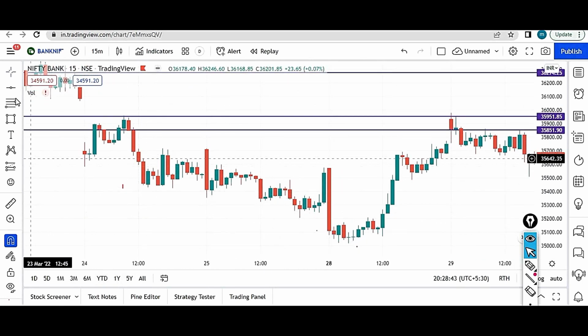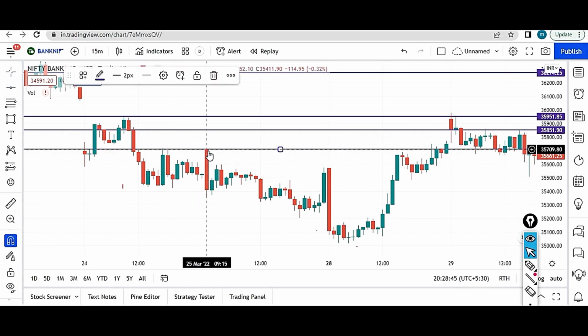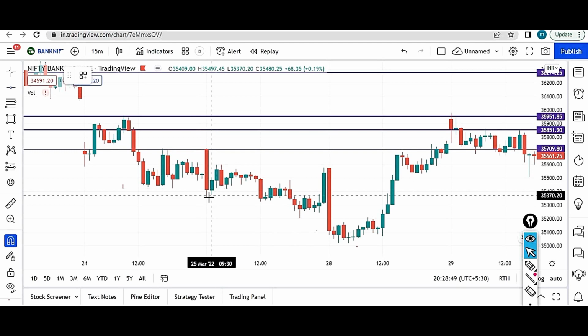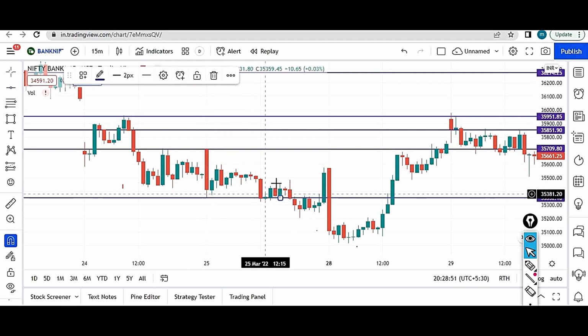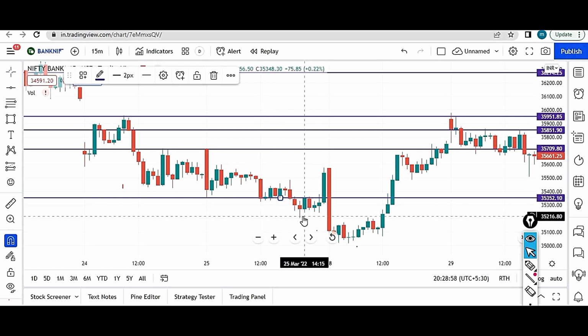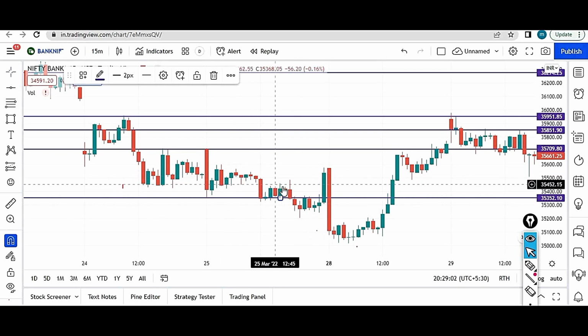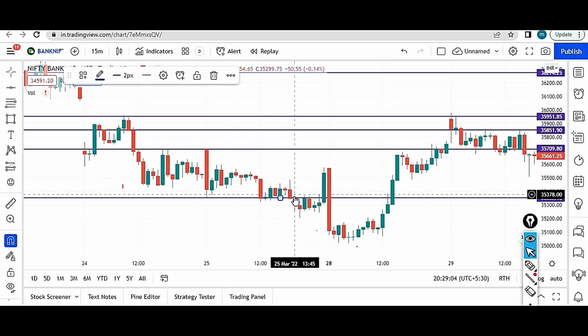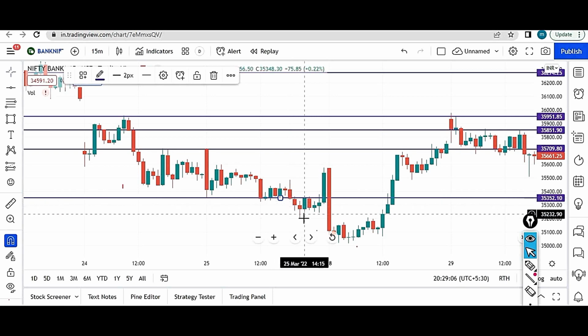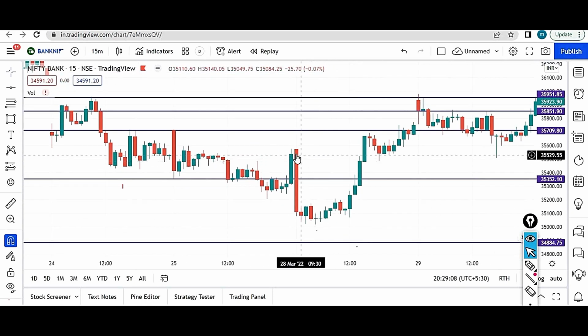Okay, this is another important inside bar pattern. You see how long it was consolidated. Okay, it has given a breakdown here on this week. We take an entry, but with a very small stop loss. It held till 145, gave a breakdown and retested this level.